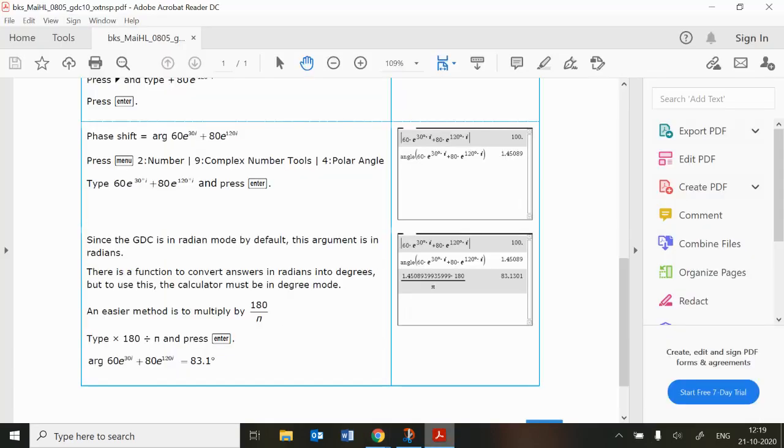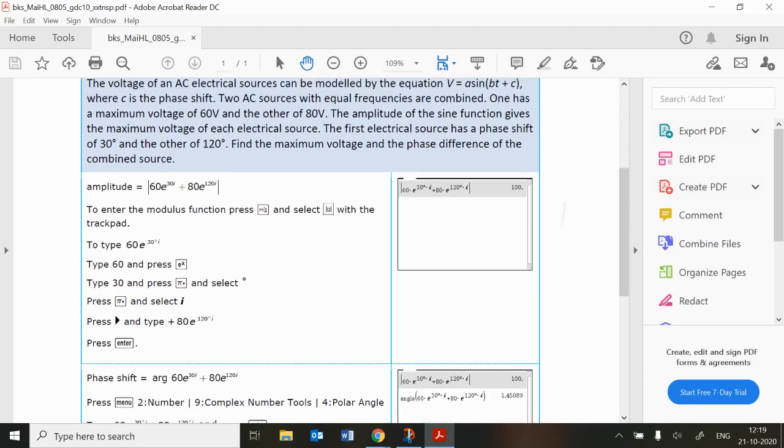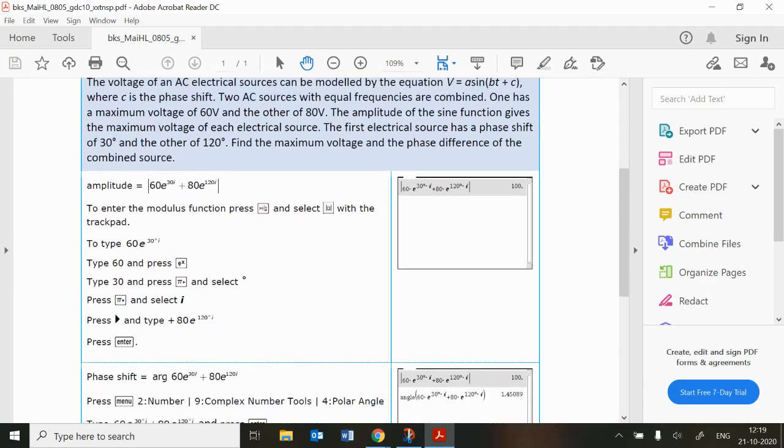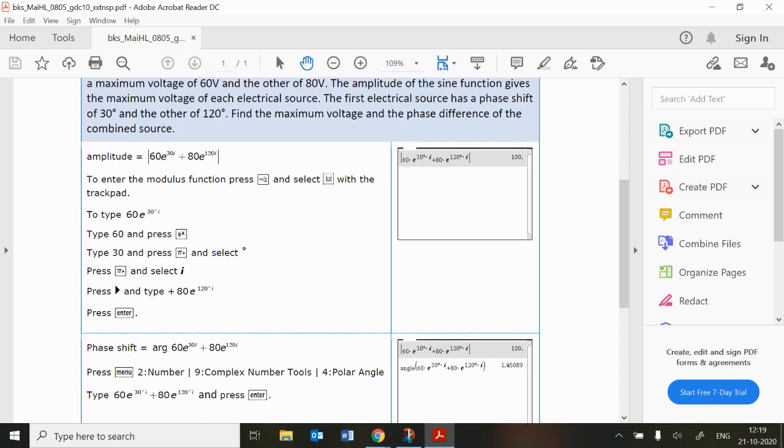If you click on the calculator button, then you'll see how this is done on the calculator. And we've basically done this before in previous questions. Simply the amplitude of this complex number when combined. To find that, you can do the modulus sign, or you can just type in abs of that complex number.